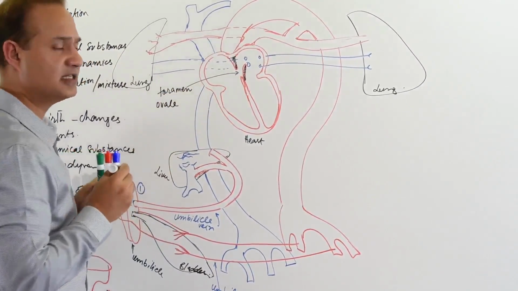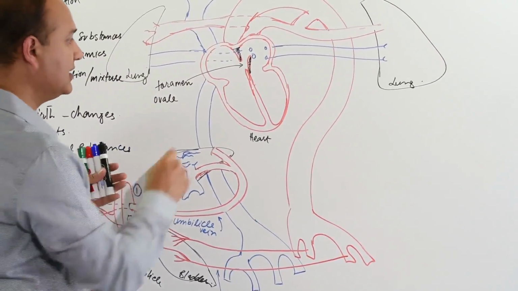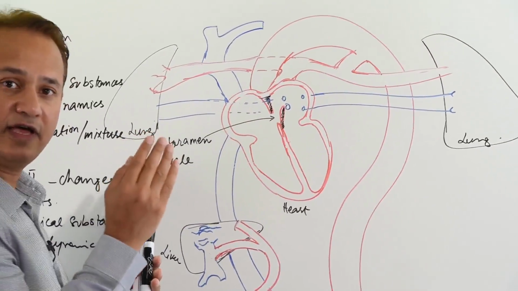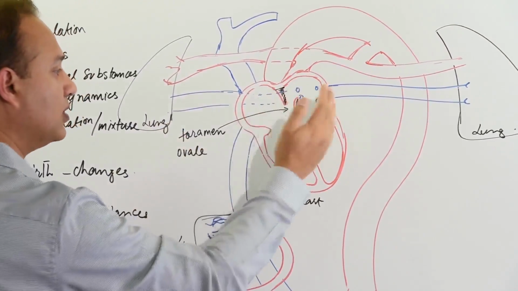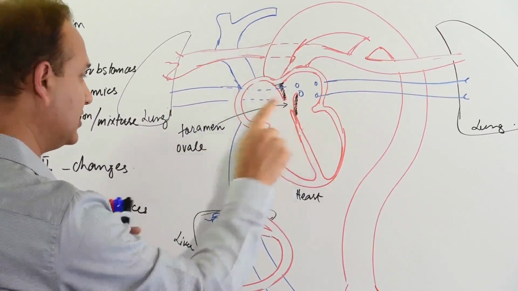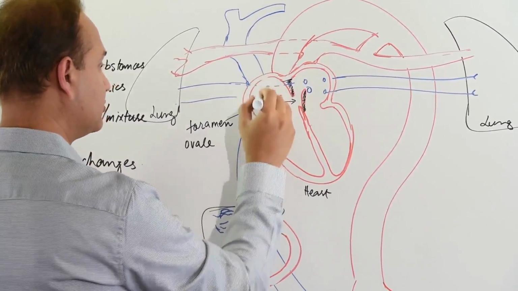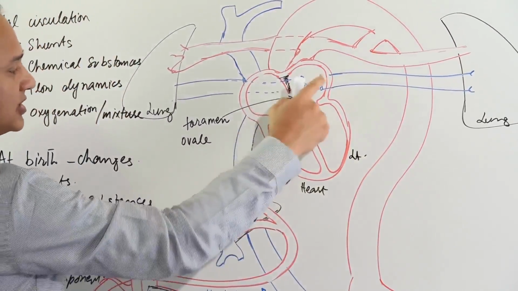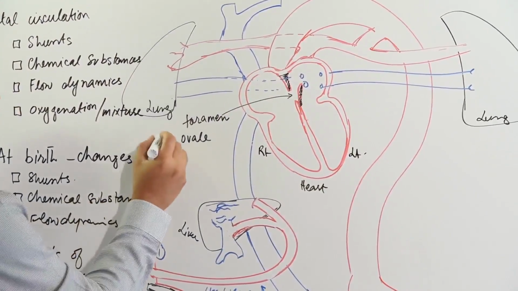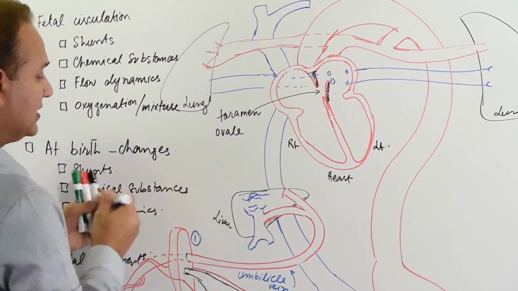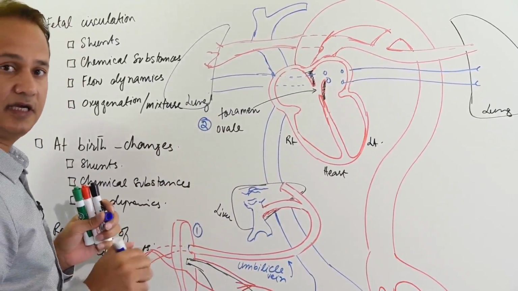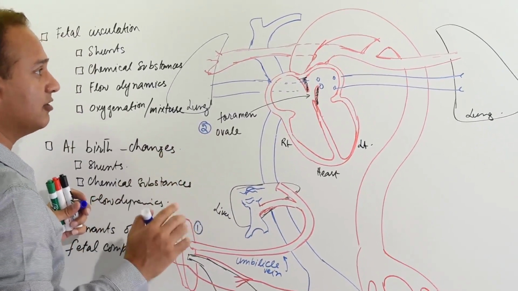We have discussed this in detail in the previous lectures: the septum secundum and septum primum leave an opening through which blood can shunt from the right side to the left side. So it'll be useful to say this is the right side and this is the left side. The blood shunts there. So foramen ovale is number two, a structure that is different. In adults, this would become the fossa ovalis.